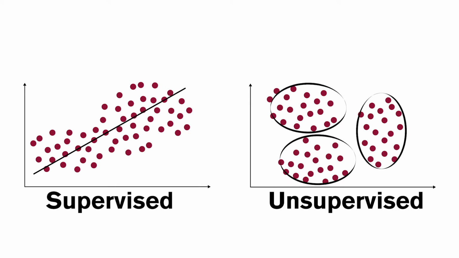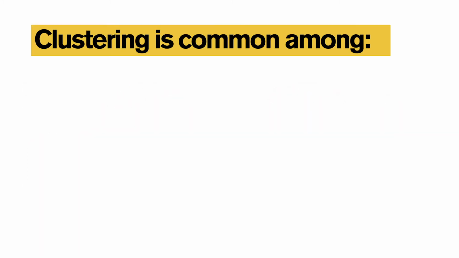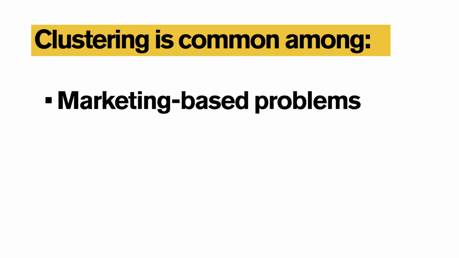In unsupervised learning, you don't have that. You just have a bunch of values. Clustering is really common among marketing-based problems, where you're trying to group people, or features about people, into certain categories. Or maybe you've got some weather data and you're trying to find certain types of weather patterns that tend to group together into certain features, that sort of thing.